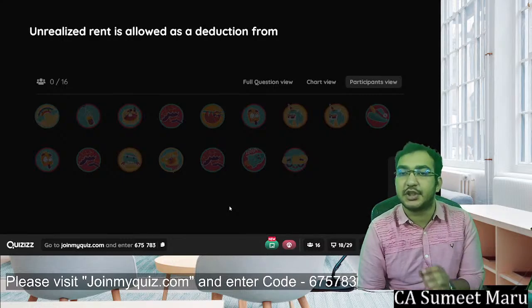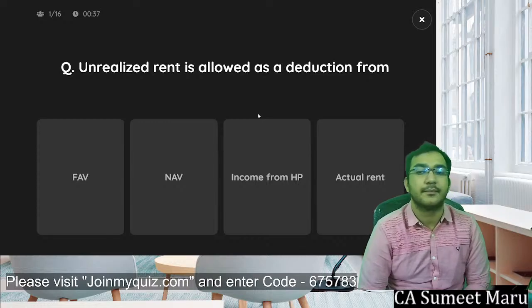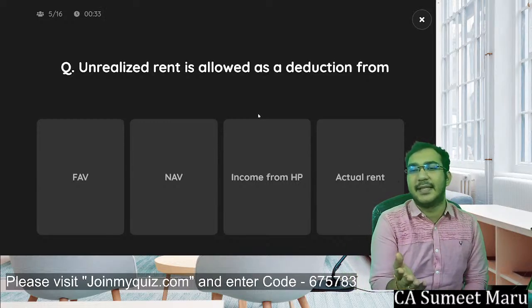Rent is allowed as a deduction from... Oh, the same question came back. No, it's correct, I think it's the same question. Come on, quickly answer. Now don't give any wrong answer.